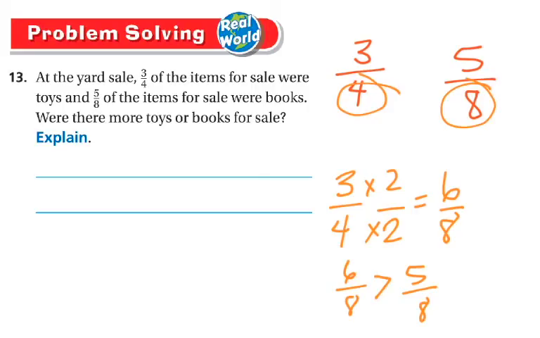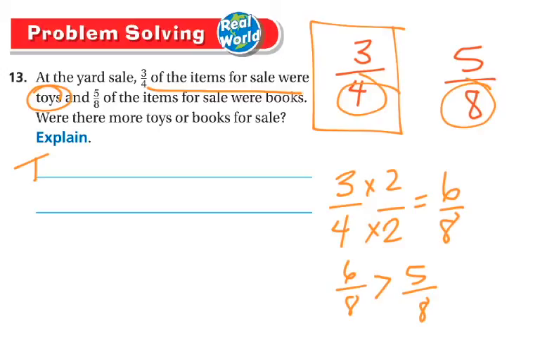So how did I get to 6/8? That was the one that had 3/4. So 3/4 of the items were toys. Therefore, there were more toys for sale.